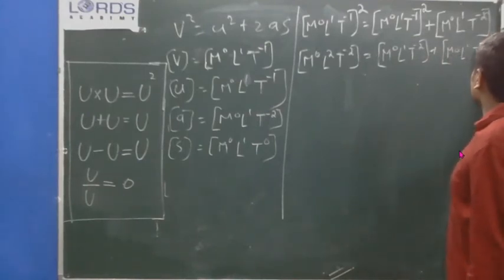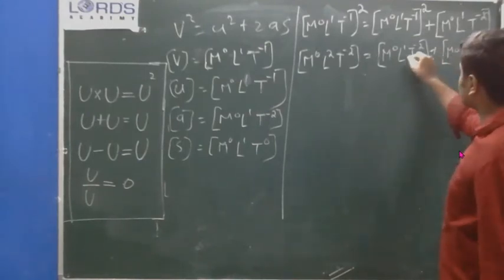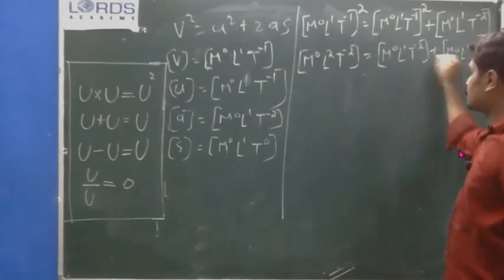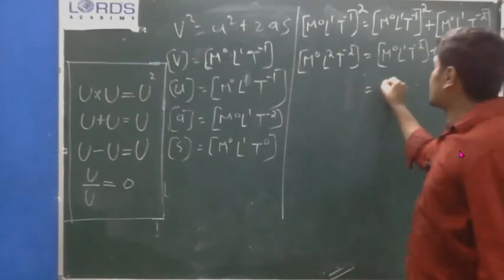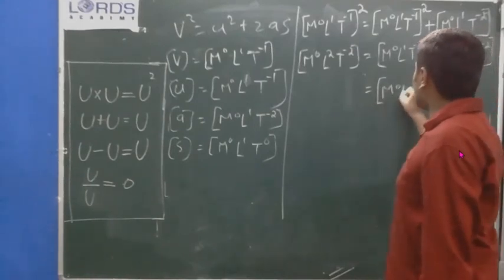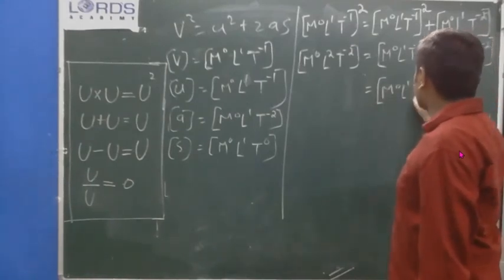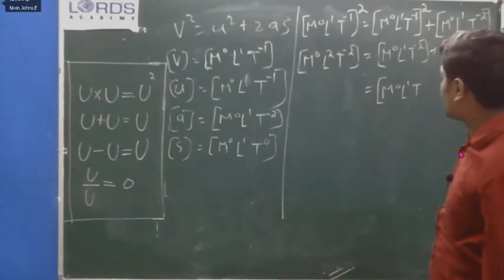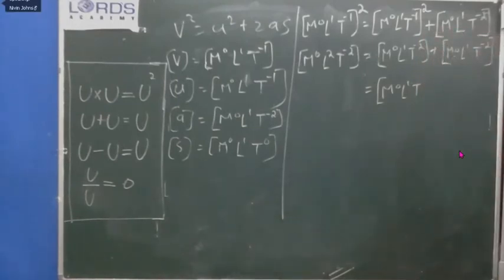Then which operation do we have to solve first? Only one is remaining. If you solve this one, M raised to 0, L raised to 2.